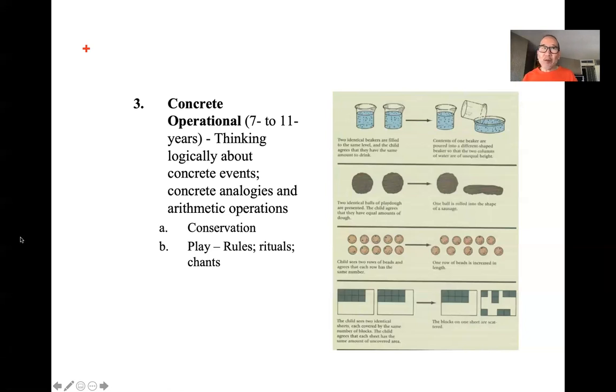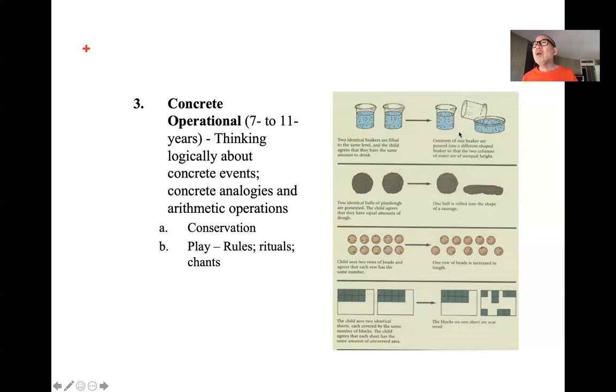So, for example, let's look at an example here. If you've got two containers of water, and you've got an equal amount in each, let's say a liter here, a liter here, and then you leave one of them, but you take the other liter and put it into a flat, wider kind of container, right?